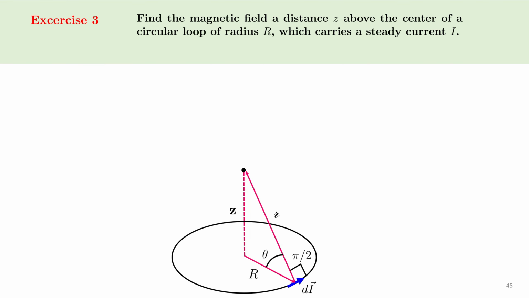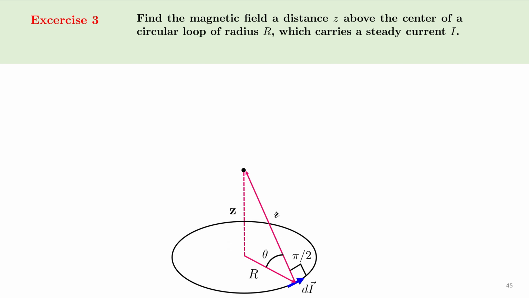We shall now find out the magnetic field at a distance z above the center of a circular loop of radius r, which carries a steady current I. The situation is shown in this figure. We have a loop having radius r, and we have assumed a current carrying element in blue arrow, and that element is represented by dl.